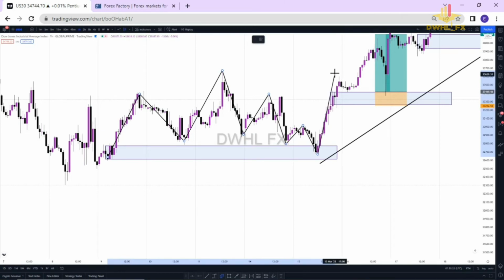Now this higher high was able to break this structure and this structure. Now that a high has been created, I said previously that anytime a high is created in the market, we expect a pullback to create a higher low. Now that a higher low has been created, what are we waiting for? A higher high.